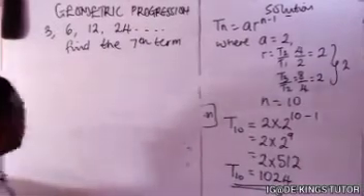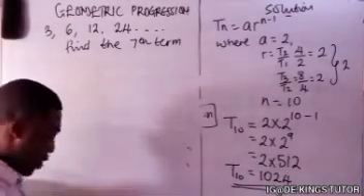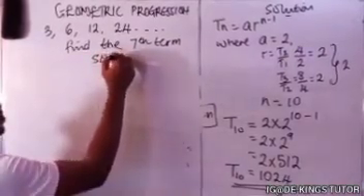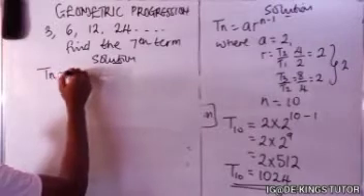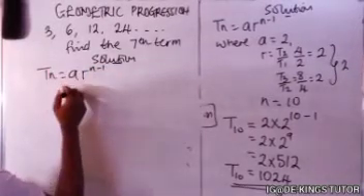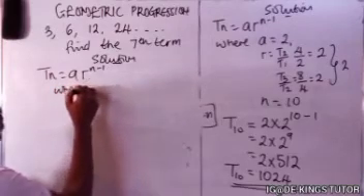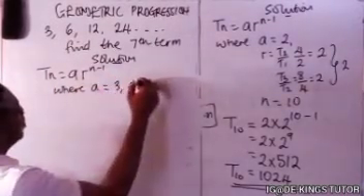We have 3, 6, 12, and 24, and they said find the 7th term. So we have the solution. Recall our formula as Tn equals A R raised to n minus 1. Our A is the first term, which is 3. Our R is the common ratio.